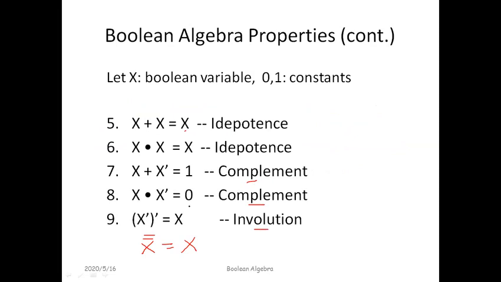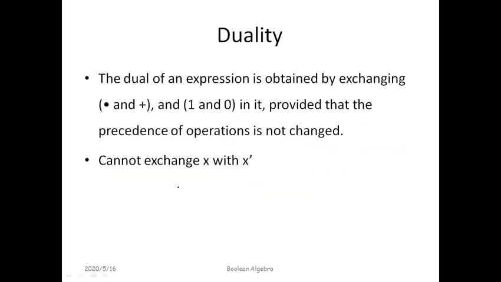Now, let's move to the next property, which is known as the duality property. The dual of an expression is obtained by exchanging a dot and a plus sign, or a 1 and a 0 in it, provided that the precedence of operations is not changed.